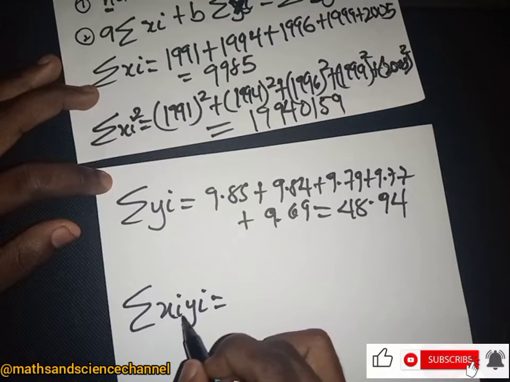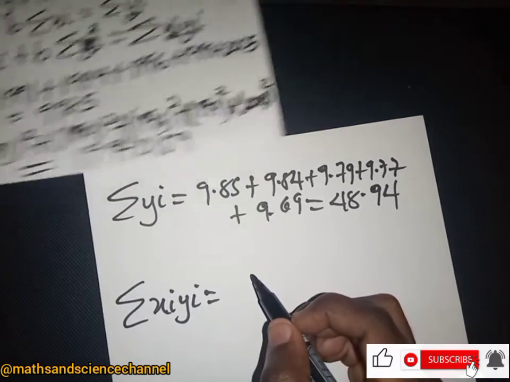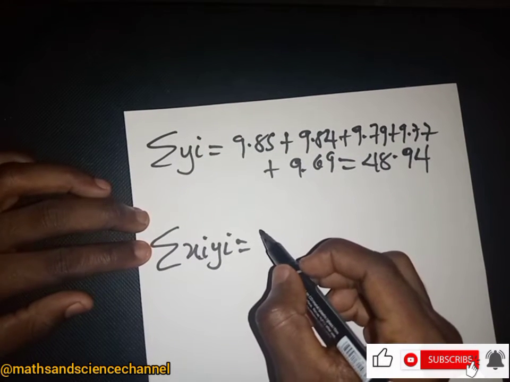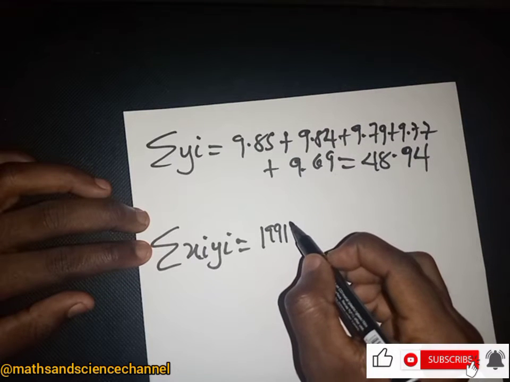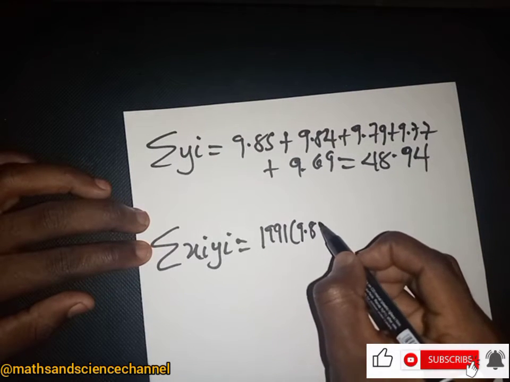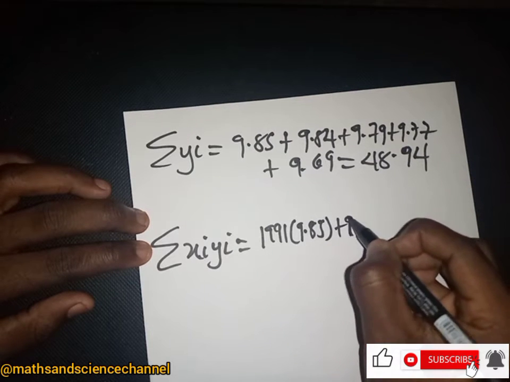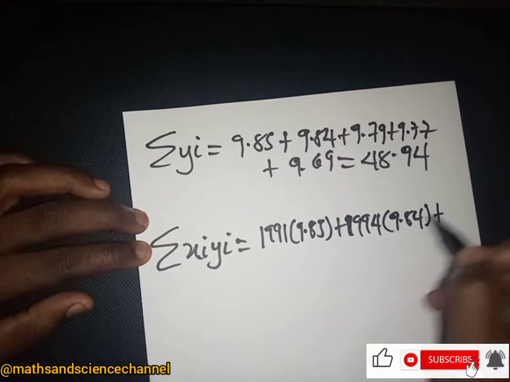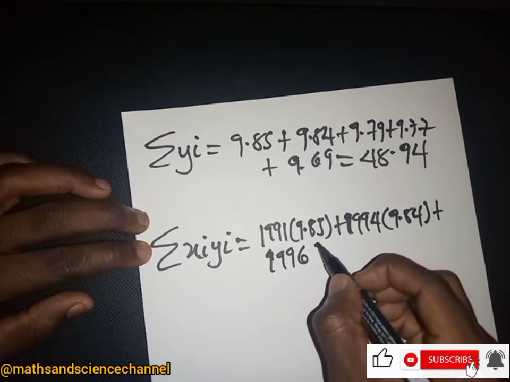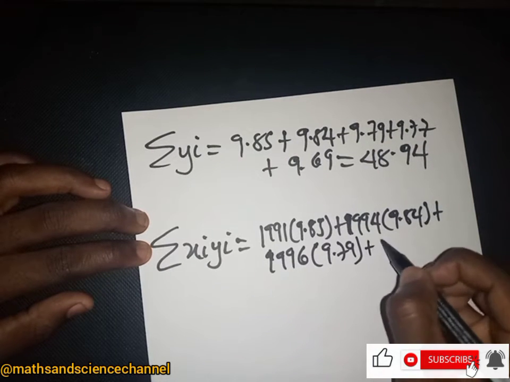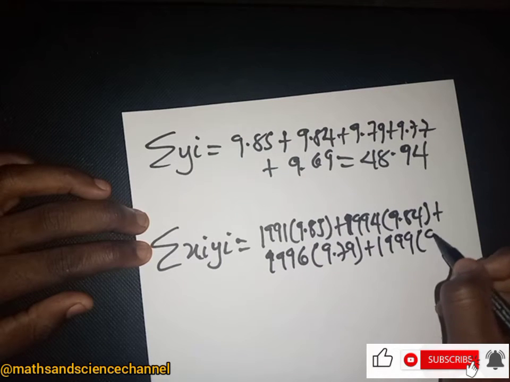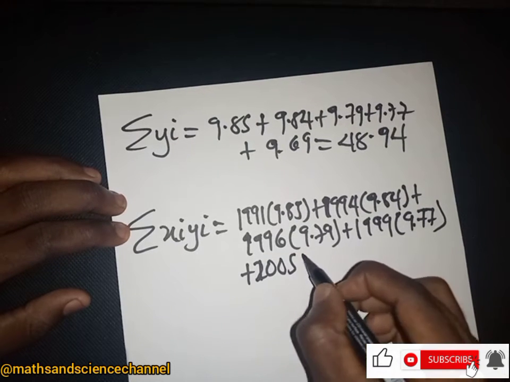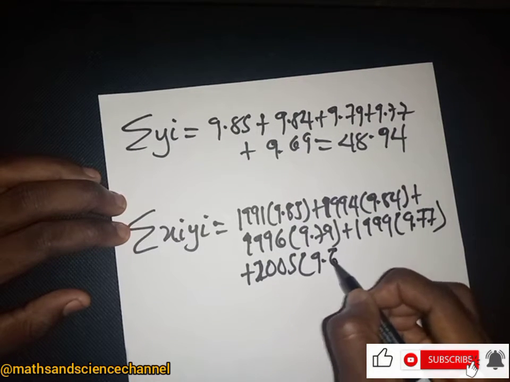Now from here we also need the summation of the x and y products, so that we are multiplying them. So let's do it here. We have 1991 multiplied by 9.85, then 1994 multiplied by 9.84, then plus 1996 multiplied by 9.79, then 1999 multiplied by 9.77, and also 2005 multiplied by 9.69.